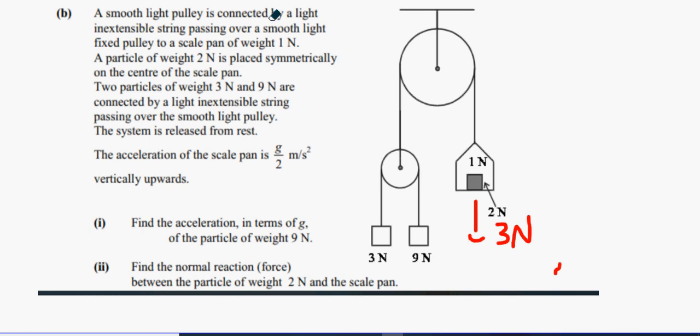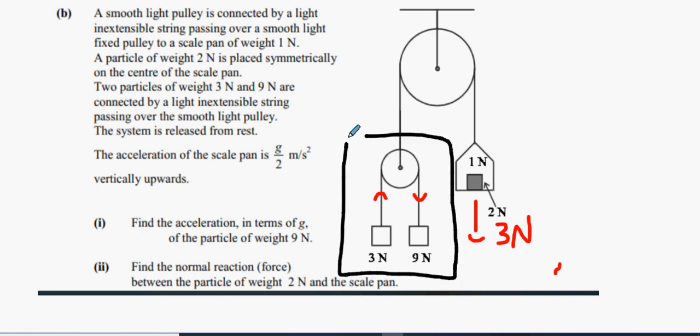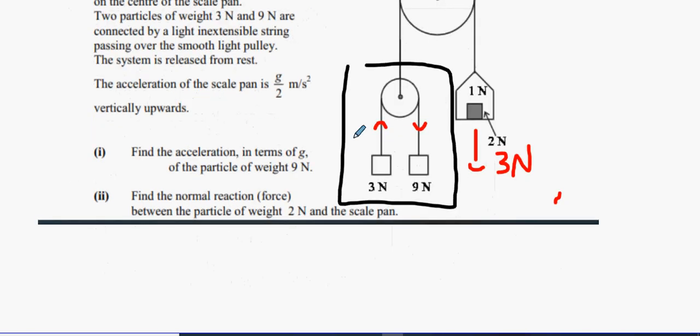Now, what else do we have here? What do you reckon about this system in isolation? Alright, so you happy with A? Is that alright? Overall, this is going to go downwards.